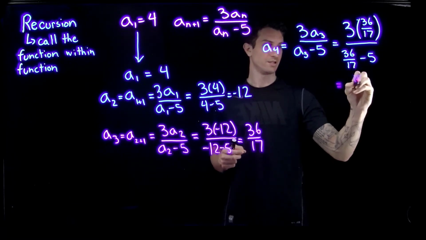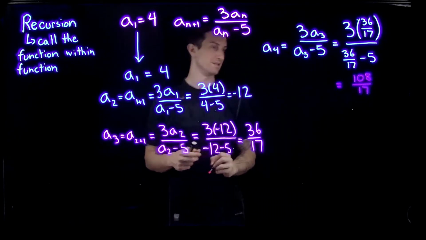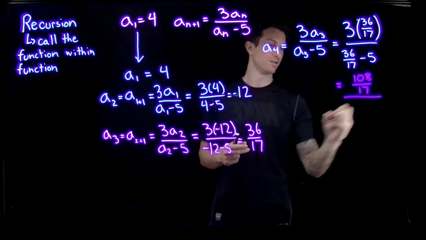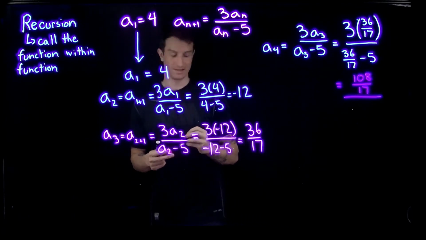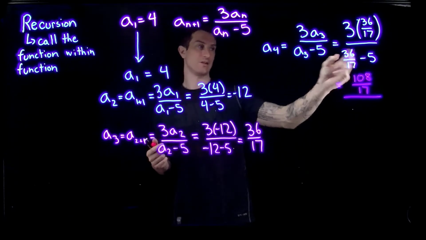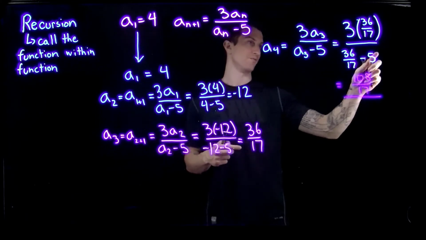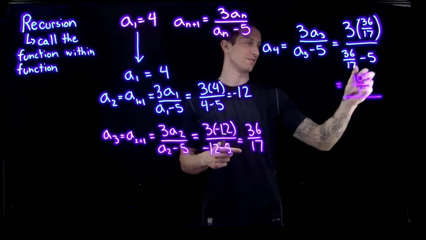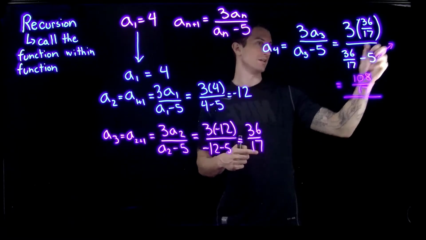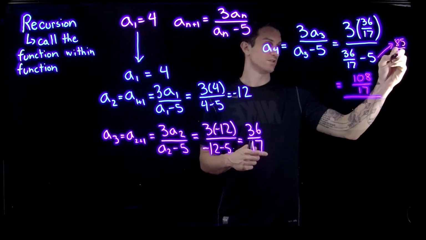So we have 108 over 17 in the numerator, divided by our denominator. Well, let's think about this. So maybe we need to do some side work. What do we need? We need a common denominator here of 17. So we have to multiply 5 by 17 in the numerator and the denominator. So just so we can see, I'll write it over here. This is going to be 85 over 17.